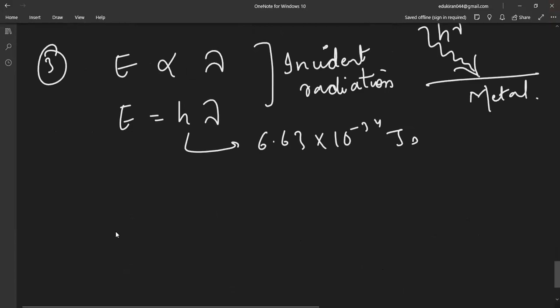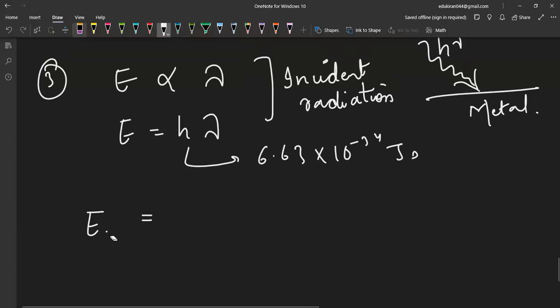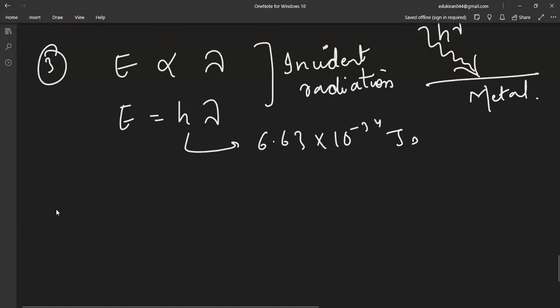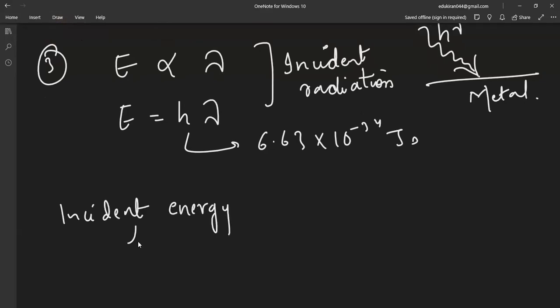All right. Now, the total energy which is present. The incident radiation's energy is also made up of two portions. The main contribution by Einstein was this: he said that the incident photon energy, that was h nu, was made up of two things.